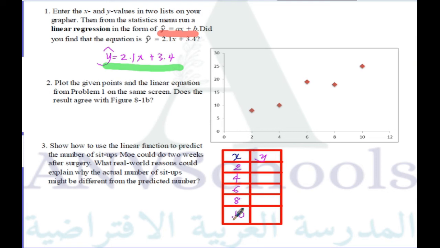Now according to this linear regression equation, if my x is 2, then that's 2.1 times 2 plus 3.4, and that will give me 7.6. Okay, so 7.6. And then when I have x as 4, that will give me 11.8.